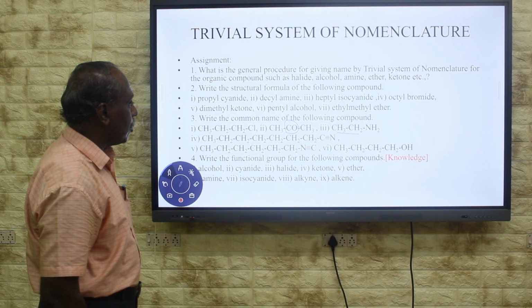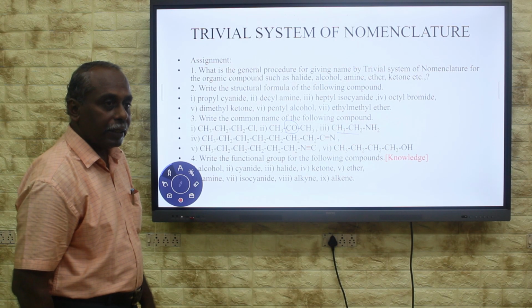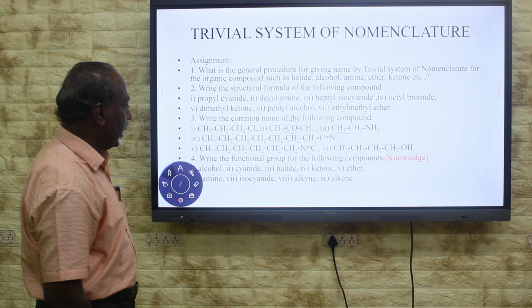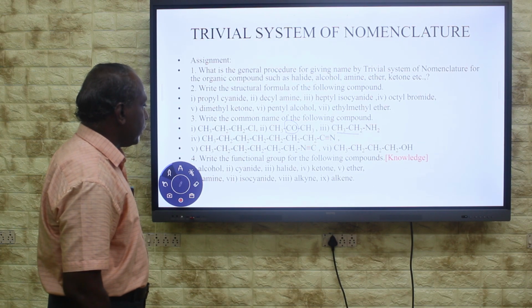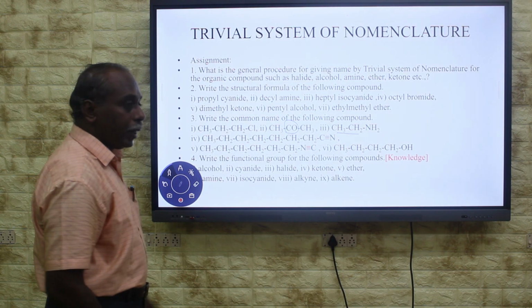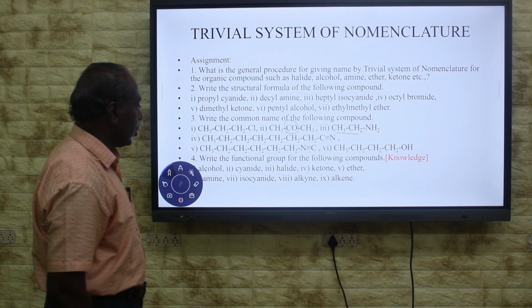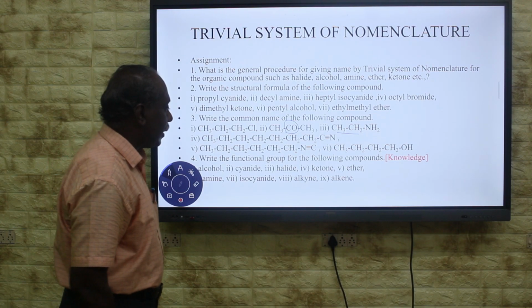Then write the functional group of the following compounds. Alcohol is generally represented by OH, cyanide is CN, halide is X, ketone is CO, ether is O, then amine is NH2, isocyanide is NC, then alkyne.